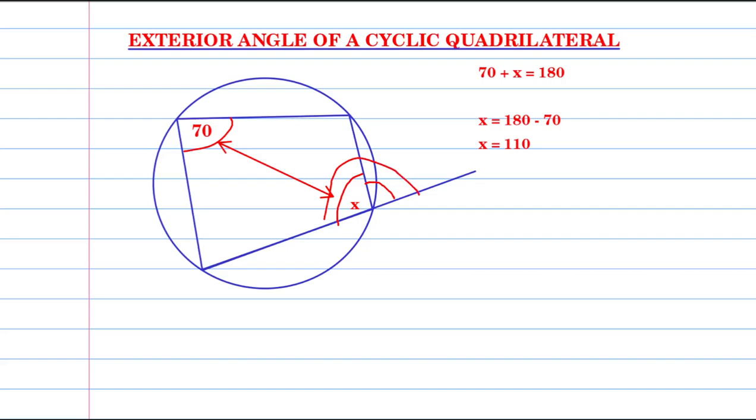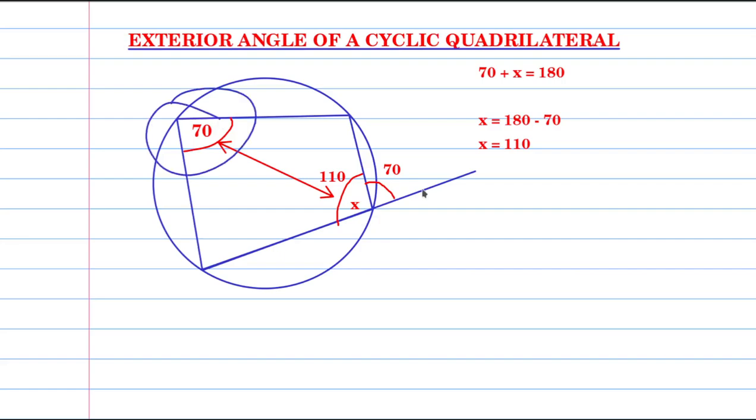Now from there, what is happening here? These are angles on a straight line, which means that if this is 110, then we add something here to get 180, and that should be 70 degrees. Now let's look at this.